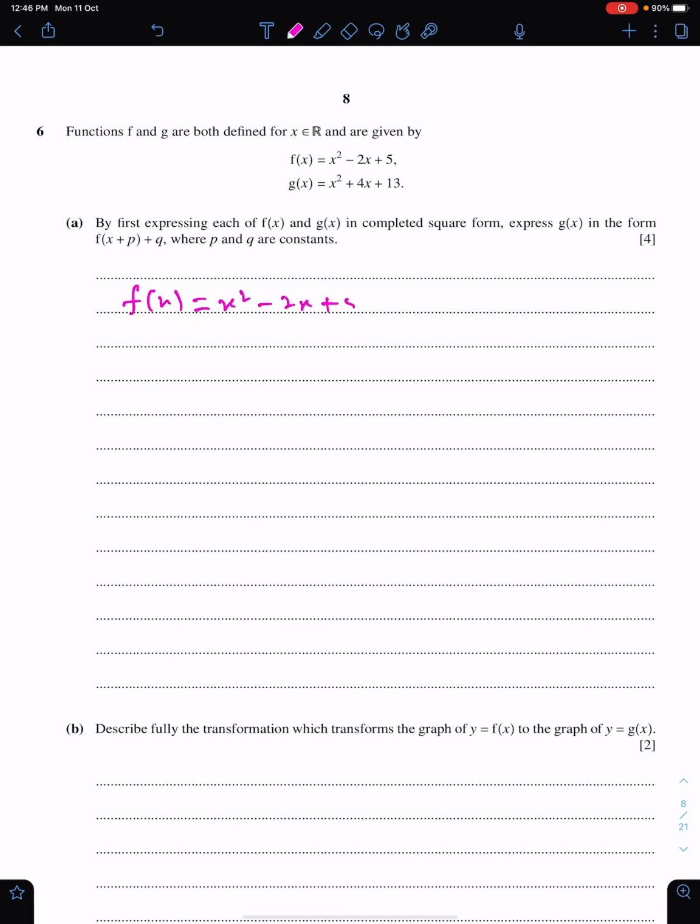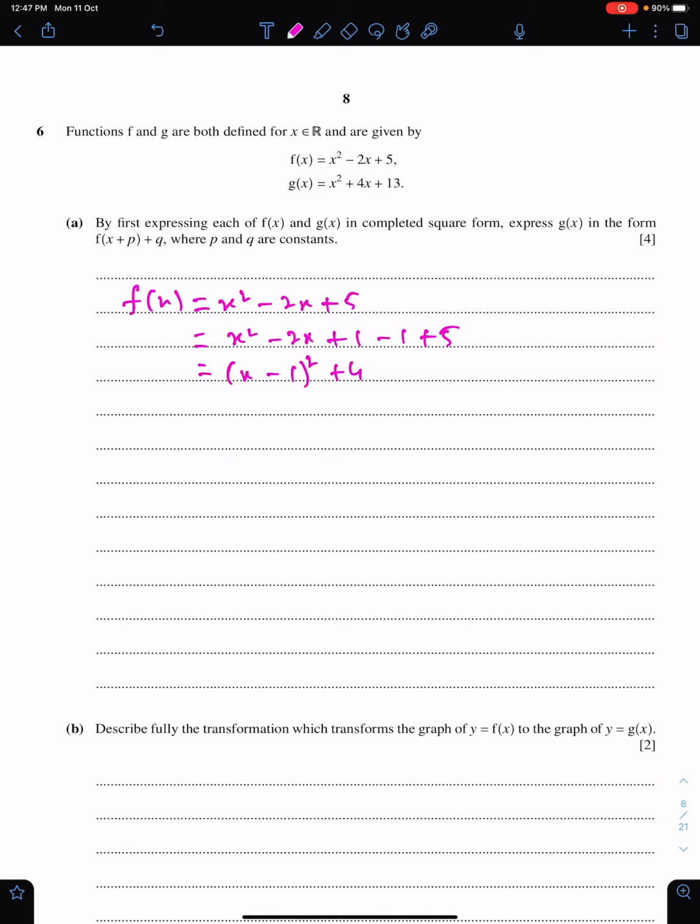Those who know the completed the square method can directly convert this equation into completed the square form. So x minus 1 whole square plus 4. This is the completed the square method.